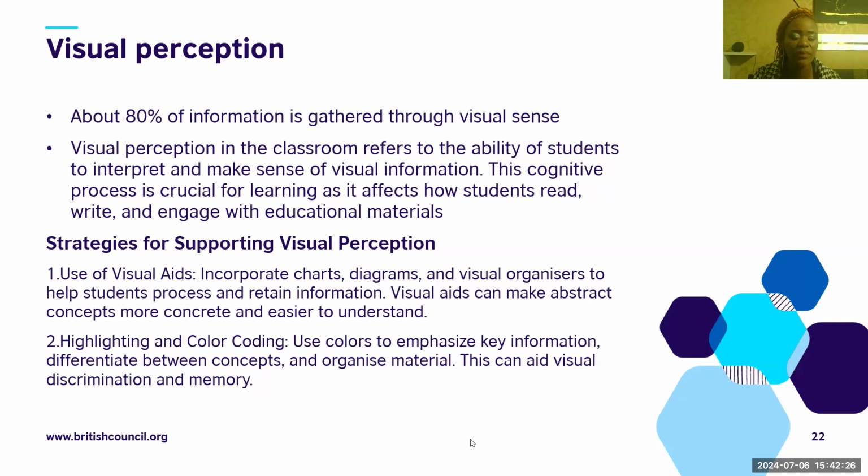Some cannot understand it through reading, but when you give them a picture, they are able to interpret. For example, if it's reading and viewing, you take a picture of the story that you are going to talk about. Some learners are even able to interpret and follow what is happening in the story.